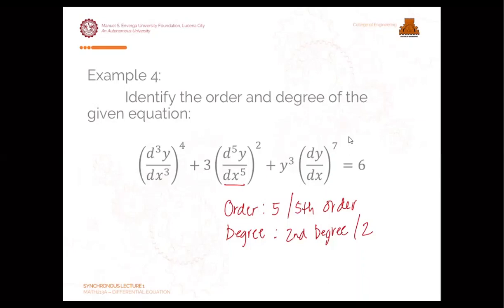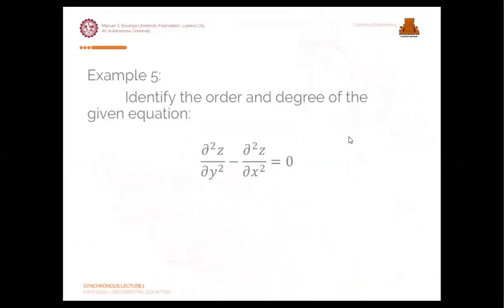Okay. Last example. So, we have a partial derivative equation. So, we have partial of z squared over partial of y squared minus partial squared z over partial x squared is equals to 0. Okay? Paano mo nalalaman ang ano nito? So, ang isang problem sa ganito is makita nyo, yung independent variable niya is dalawang magkaiba, no?